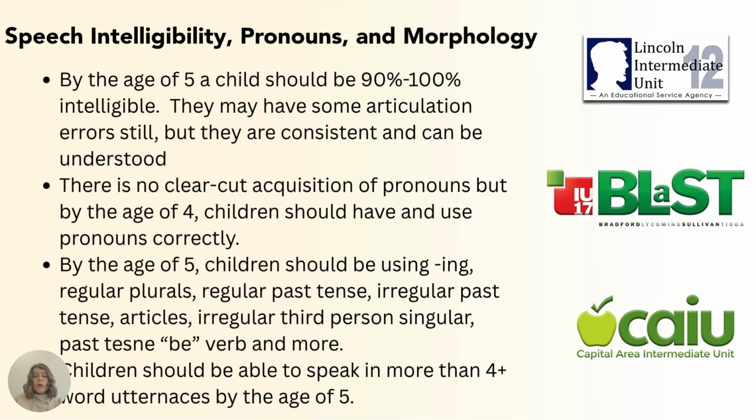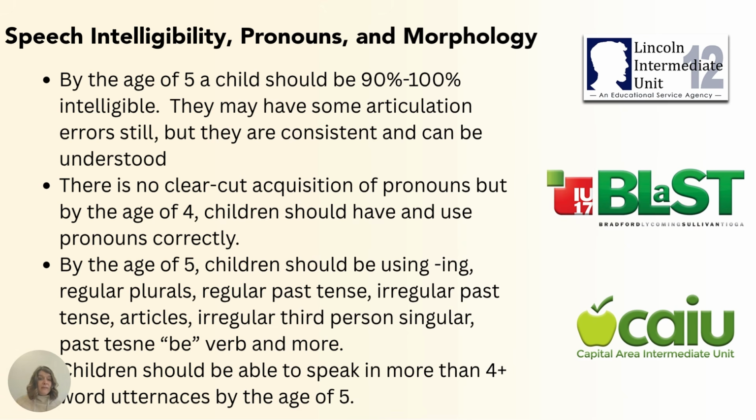There's no clear-cut acquisition of pronouns, but by the age of 4, children are typically using most pronouns correctly. Again, there's no clear cut structure, but most people agree that I is one of the first pronouns used. And I think that's one of the things we're seeing a big shift in.